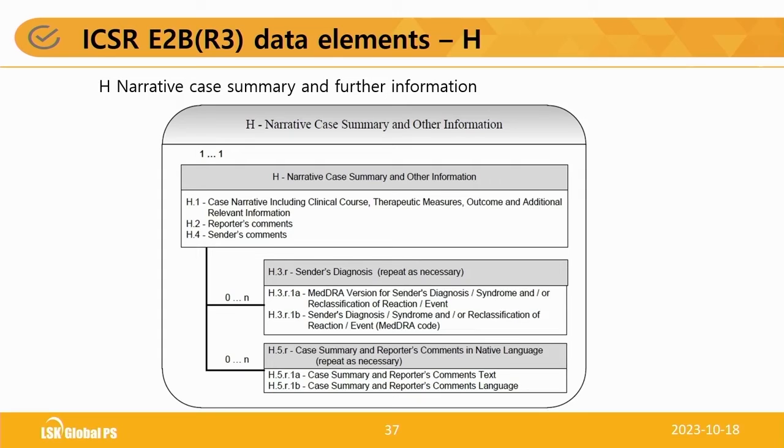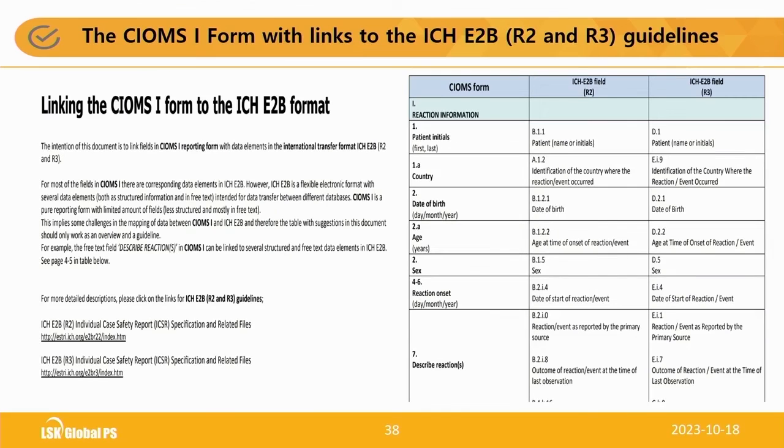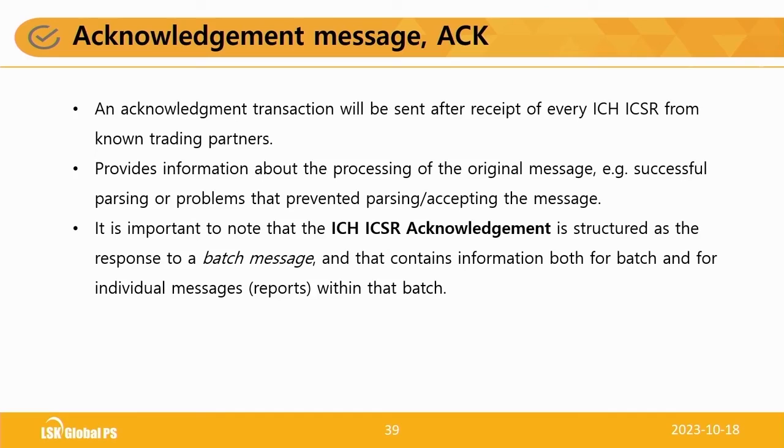So not only English, but also Korean, a native language, can be included in the narrative case summary in revision 3. And CIOMS 1 form is the format that we most often use. And if you go into the CIOMS website, you can look at the form, and there you can find a link that maps the elements to the ICH E2B R2 and R3 guideline elements.